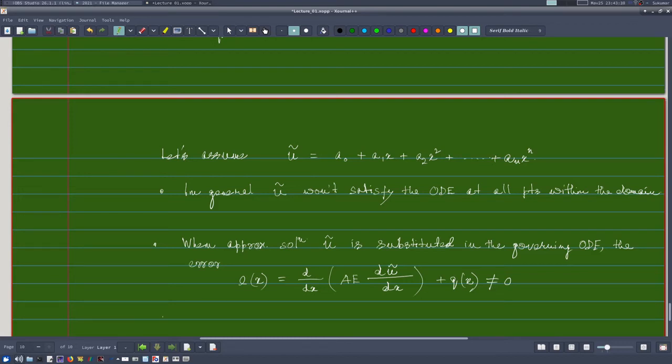Okay, and this total error over the solution domain is called residual.